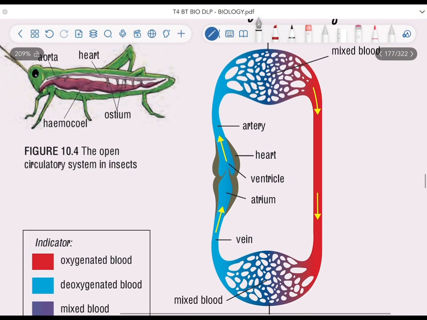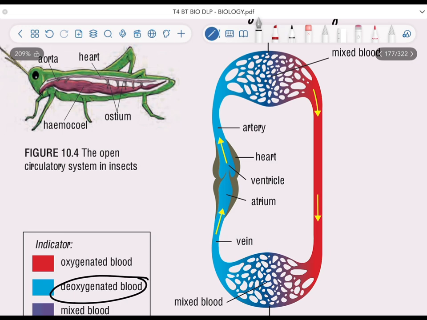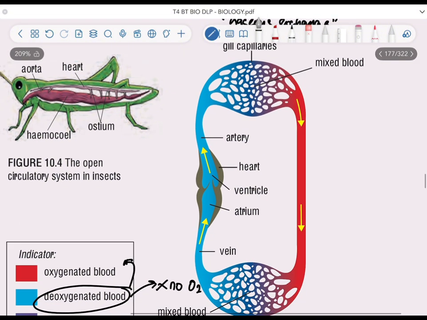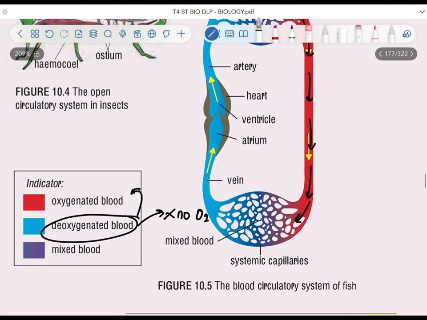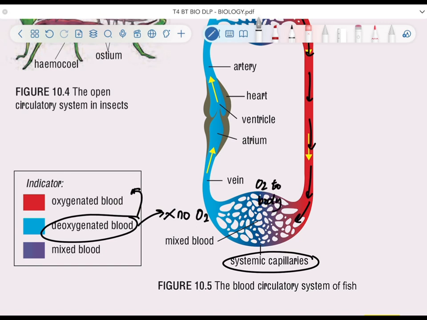This blue blood, which means the deoxygenated blood, that is the blood with no oxygen, will get refilled by the oxygen, and then the blood will continue to flow until it reaches the systemic capillaries where it needs to transport the oxygen to the body cell.